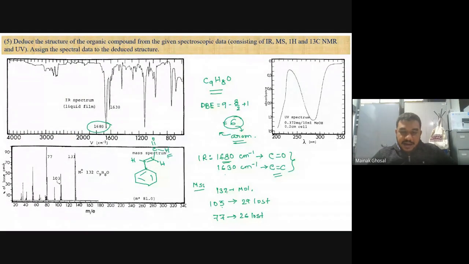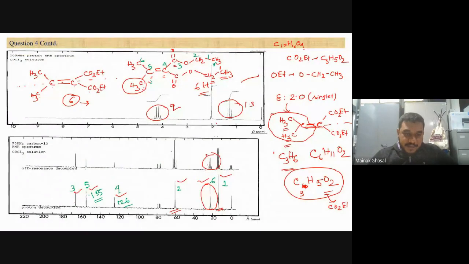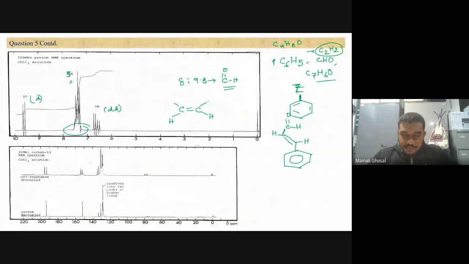Now you see this aldehydic hydrogen, this will be a doublet. This aldehydic hydrogen will be coupled with this one, so it will show as a doublet.